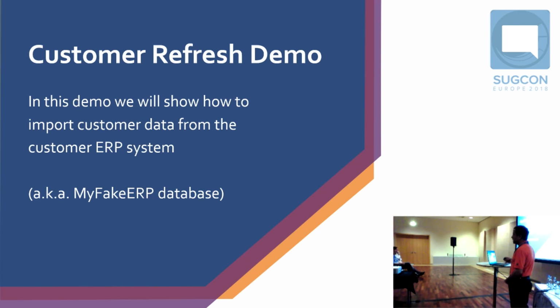We'll be loading the data from there to Sitecore Commerce. Consider this as an ERP that has a direct connection, and you can use a SQL connection string to access the database, the same concept.